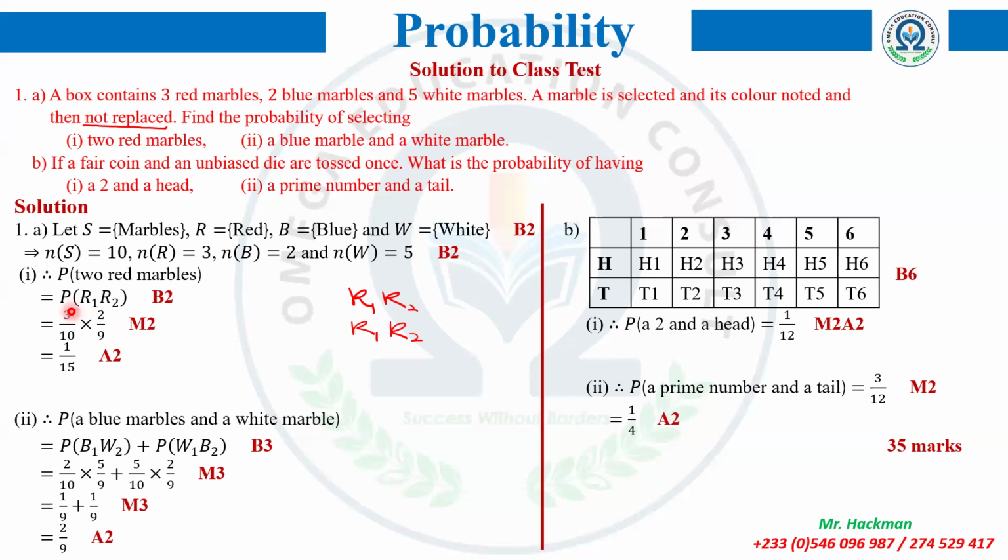Your first red was selected and not replaced, so your number of reds reduces by 1, making it 2, and your sample space reduces by 1, making it 9. So your second selection gives you 2 out of 9. If you simplify this, that gives you 1 over 15.